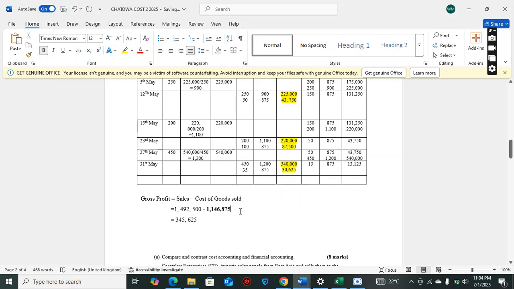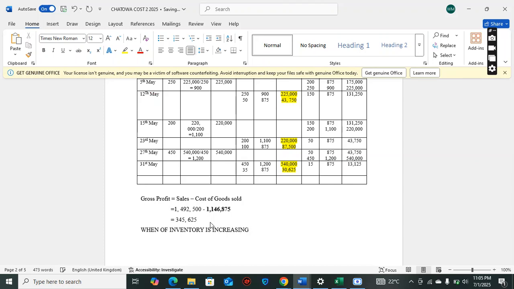All right. This is the important point I need you to understand. When the price of inventory is increasing, FIFO will have a higher profit. Why?